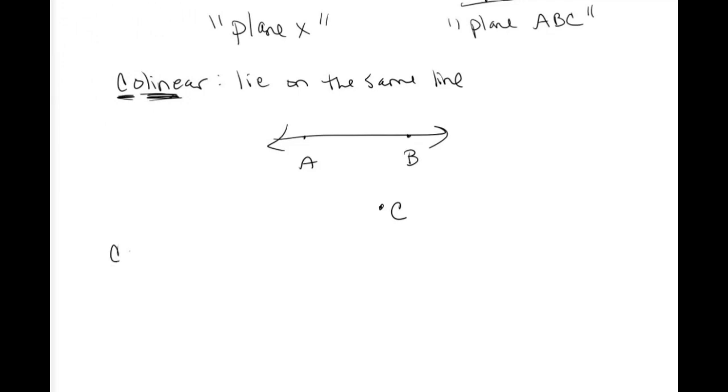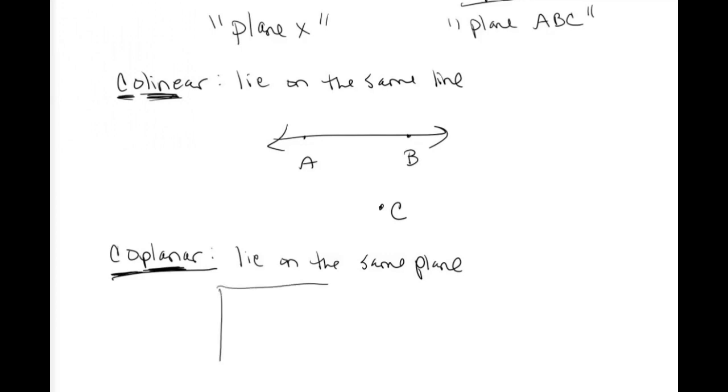Okay, and then of course they can also be coplanar, and that means they lie on the same plane. Again, see the root word in here, planar, co meaning together, right? So you could have points A, B, and C, right?